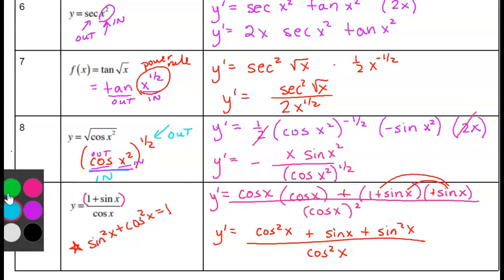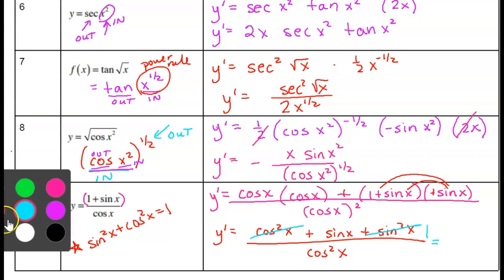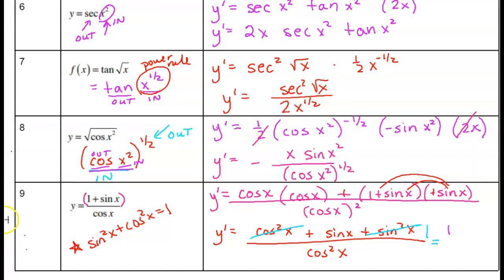And so what that means is I could rewrite these because they're just being added. If I have sine squared plus cosine squared, I really do get to replace that whole thing with 1. So on top, you actually only have 1 plus sine all over cosine squared. Okay? They try to get the least amount of trig words as possible. Okay, so you give yours a go and see how you do.